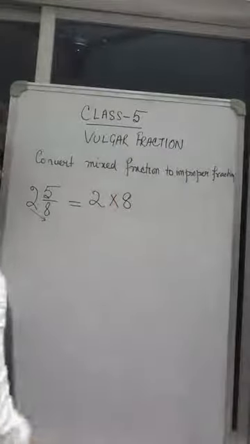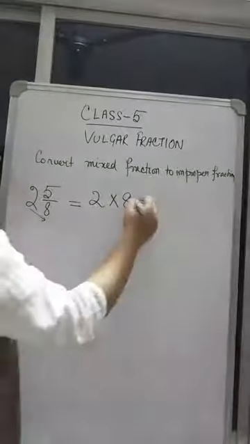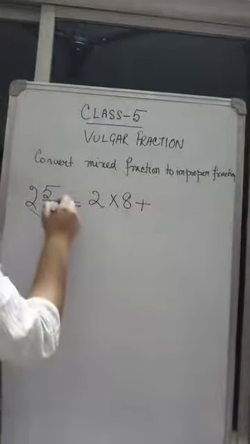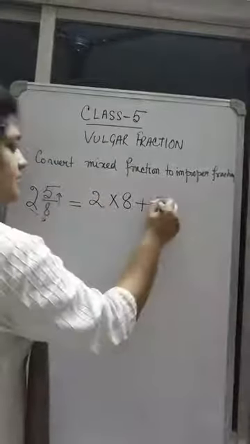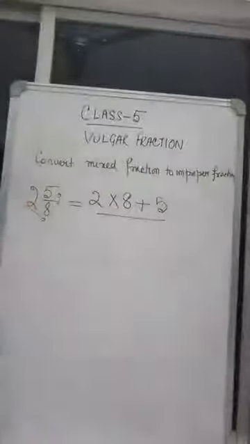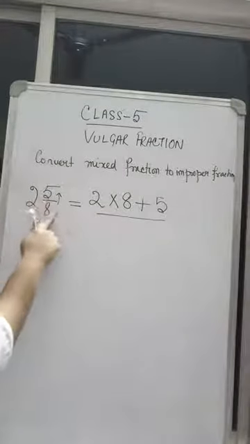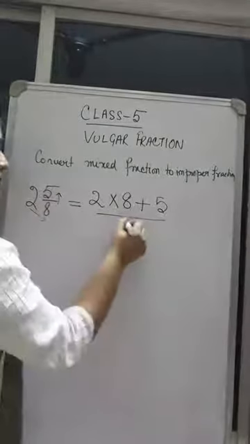The down number. So, 2 into 8 plus the numerator. That means what is there in the numerator? 5, divided by the number which is present as denominator in the fractional part, that is 8.